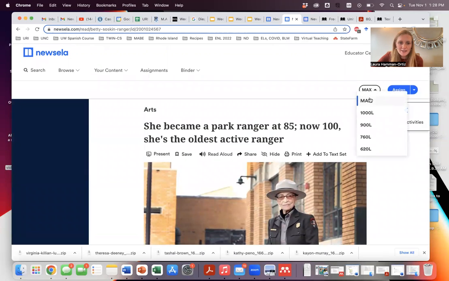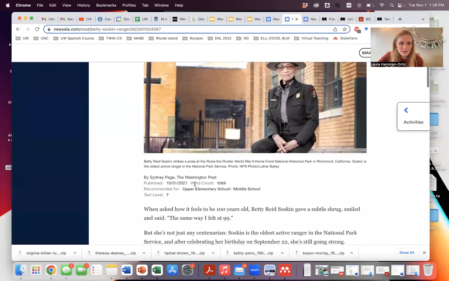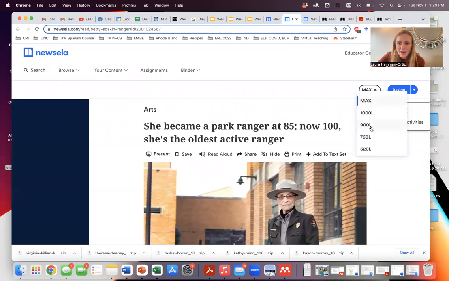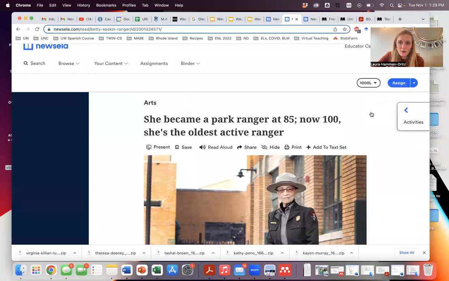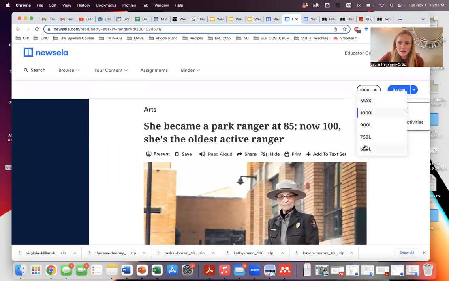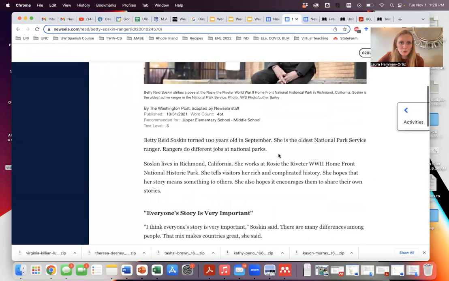So right now it's at max. And if I scroll down here, it tells me that max is a 7th grade level, or upper text level 7, I should say. Upper elementary school and middle school is text level 7. But I can reduce this down to a 1000 lexile, which is text level 6, all the way down to 620, which is what you were looking at before, text level 3.